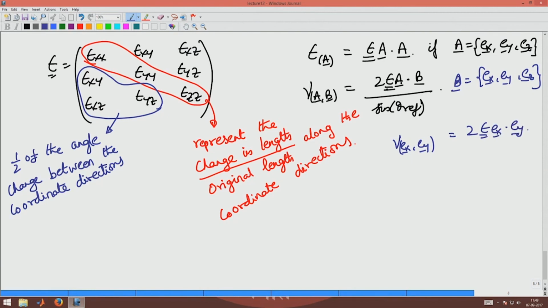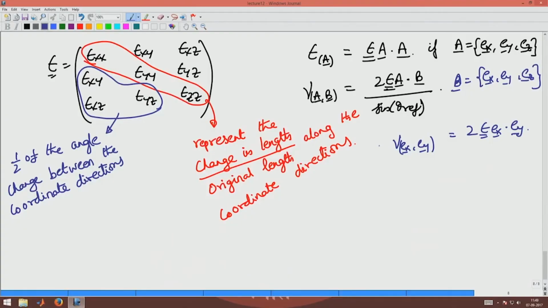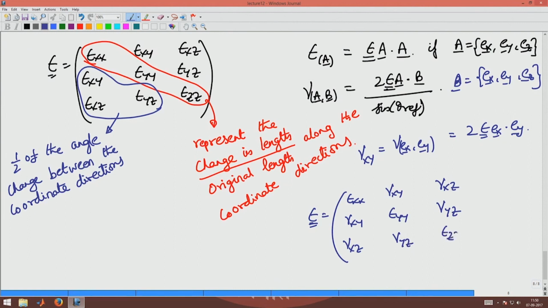Now, in most of the textbooks in elasticity, they will say this angle change to be gamma xy. And the strain in some books would be written as epsilon xx, gamma xy, gamma xz, gamma xy, epsilon yy, gamma yz, gamma xz, gamma yz, epsilon zz.